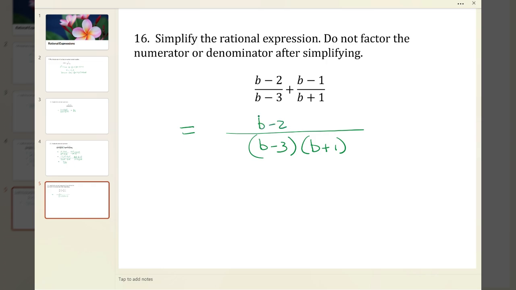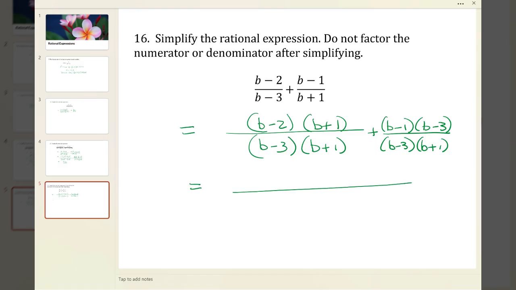You need to multiply the first one, numerator and denominator, by b plus 1. And then the second one has a denominator b plus 1, so you multiply the numerator by b minus 3. Now you have them both in the same denominator.